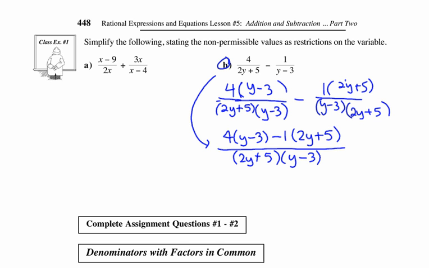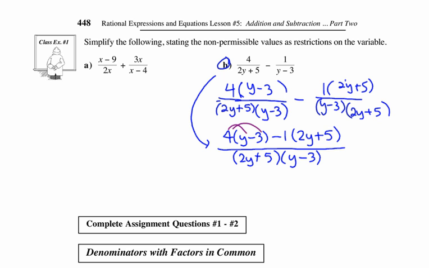Okay, so simplifying the numerator. How do we do that? What's it called when we bring in a number? Distributive law.